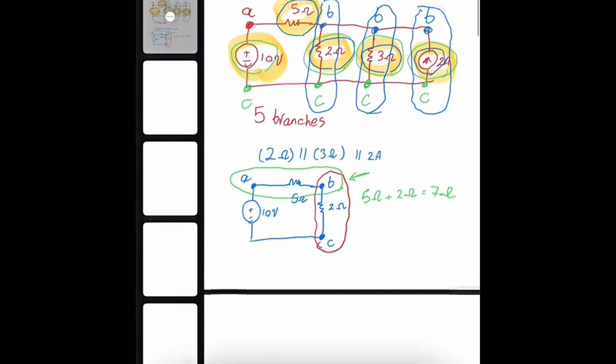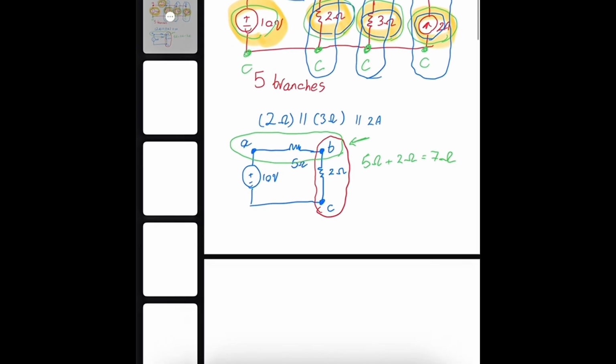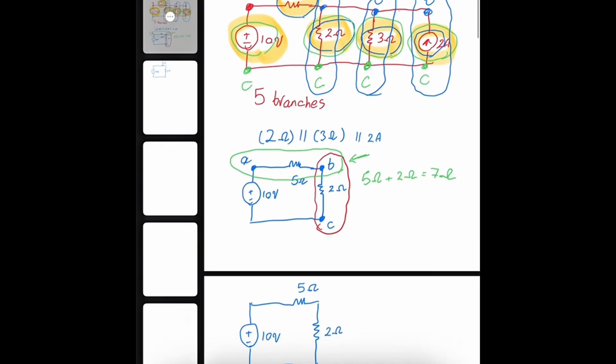I can redraw this. I can consider this 10 volt, 5 ohm resistor and 2 ohm resistor as one of the loops.